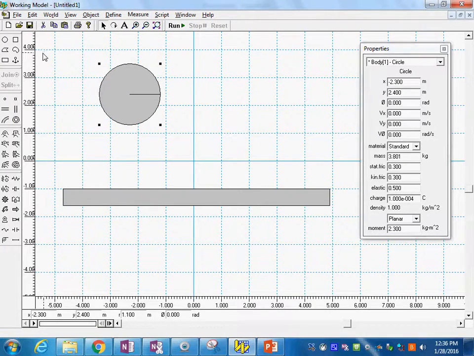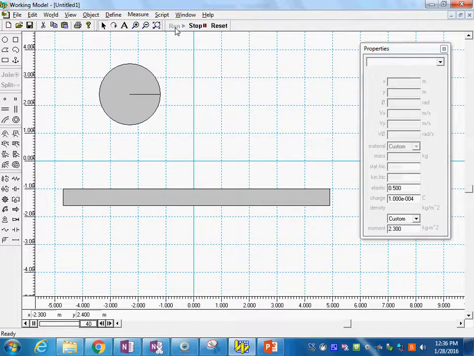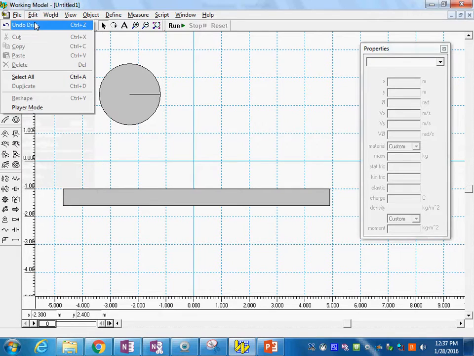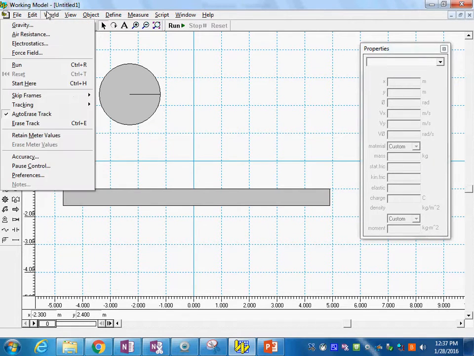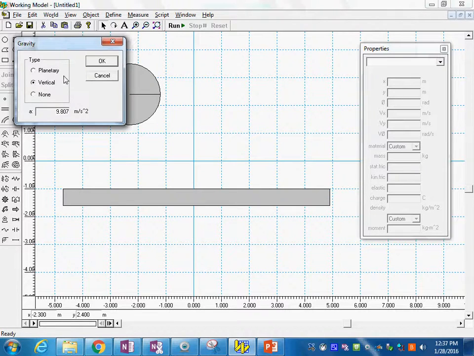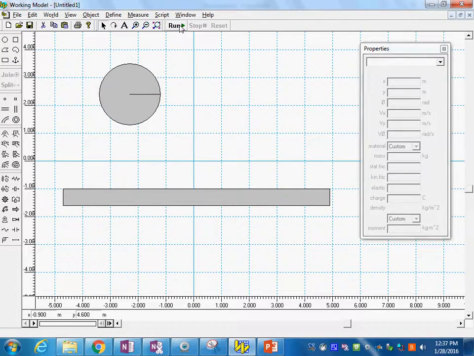Of course, if we don't do anything here, you click on run, you say, oh my gosh, this should fall. Well, it didn't. Remember, we had set up the gravity not to act. So we need to put it back. This vertical gravity here.